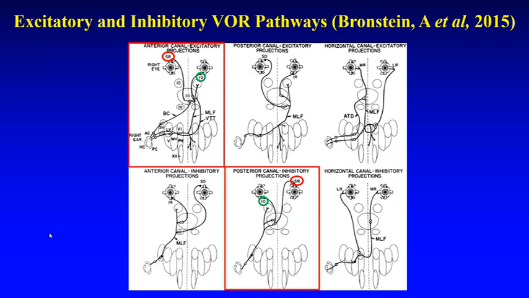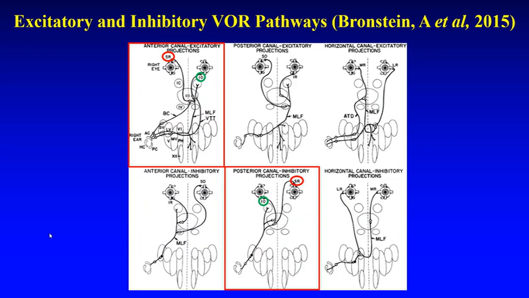These are called the VOR pathways. The upper three, that is anterior, posterior, and horizontal, are the excitatory projections of the right semicircular canals, and the lower row shows the inhibitory projections of the three canals.